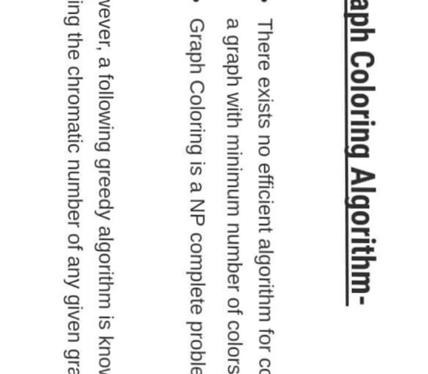However, the following greedy algorithm is known for finding the chromatic number of any given graph. There are some steps to use the greedy algorithm. The first step is to color the first vertex with the first color.